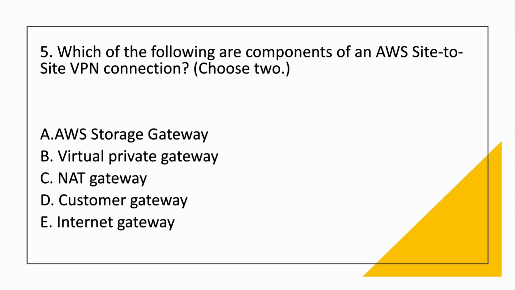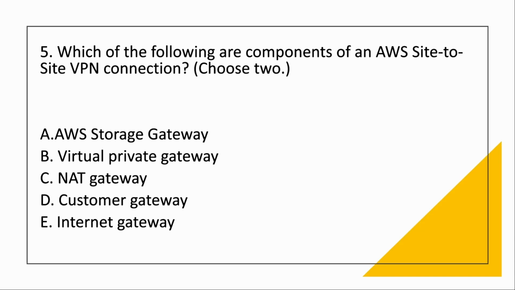NAT gateway, no, it is used to connect instances in a private subnet to the outside of your VPC. Customer gateway is the other endpoint of site-to-site VPN. And what is IGW? Internet gateway allows resources in your VPC to connect to the internet.